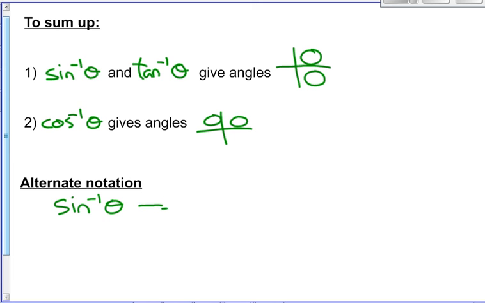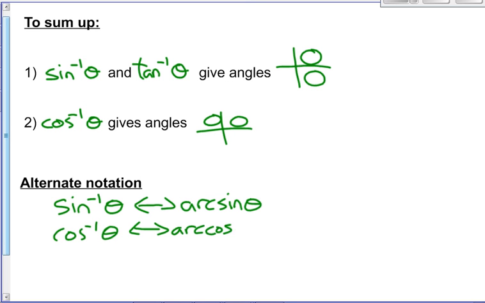Inverse sine is typically called arc sine. Inverse cosine is called arc cos. And inverse tan is called arctan. So either way that they're written.